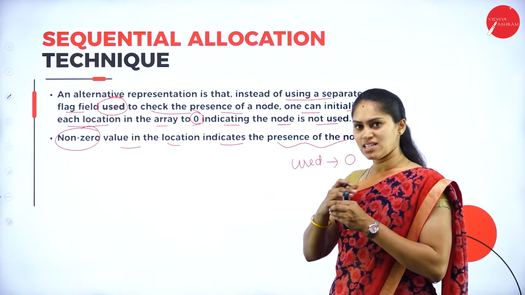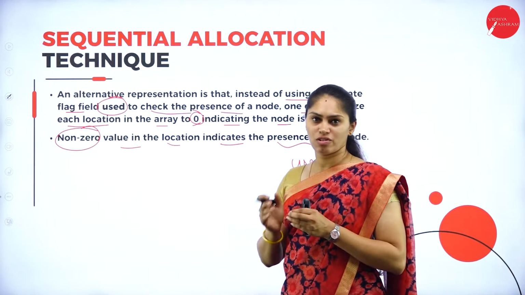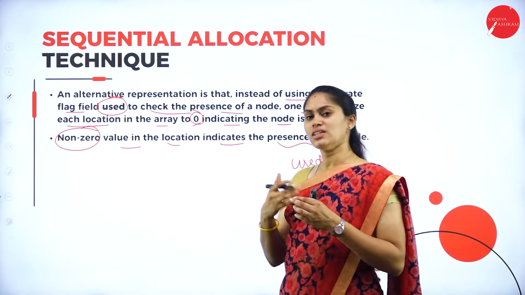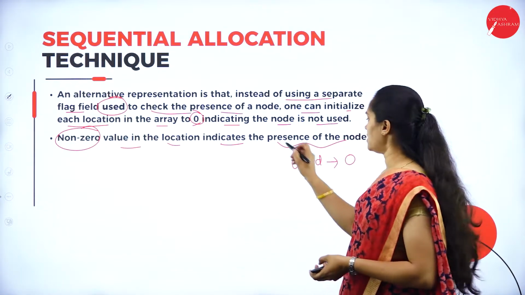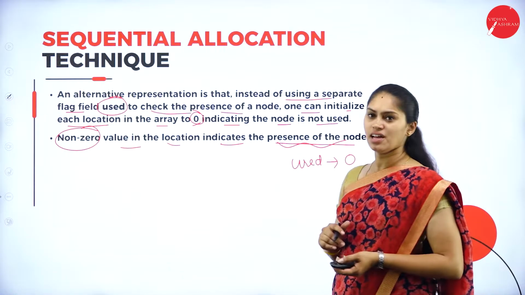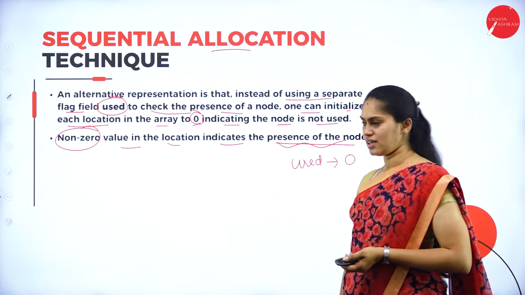If it stays 0 until the operation completes, then I can say that there is an absence of a node. If it is converted to a non-zero value in the location, then we can say that there is a presence of a node in that particular memory allocation. So these are the different techniques we can have for sequential allocation.